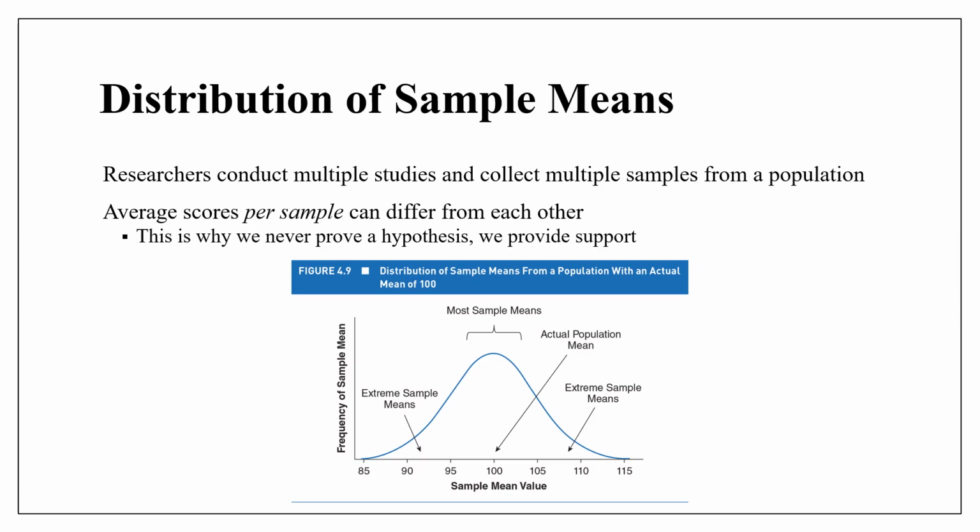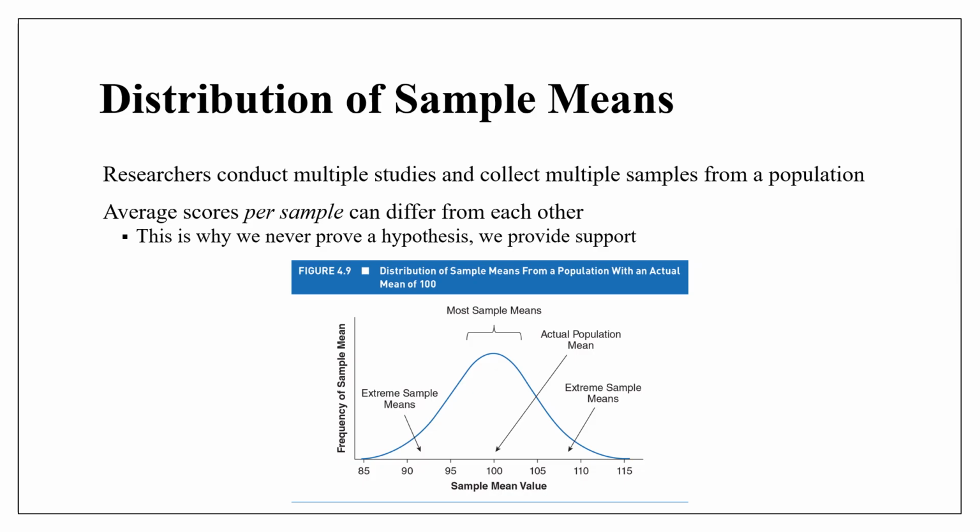Now, when we put together all the different samples that have tested the same population and the same research question, we're going to create a distribution of sample means. And we're going to talk a lot more in detail about this distribution, what it represents, and how to read it. But for now, know that typically when we have a research question, we test it more than once, and we test it with multiple samples.